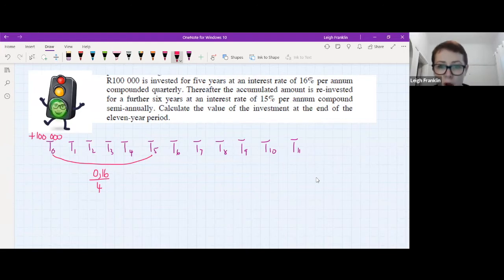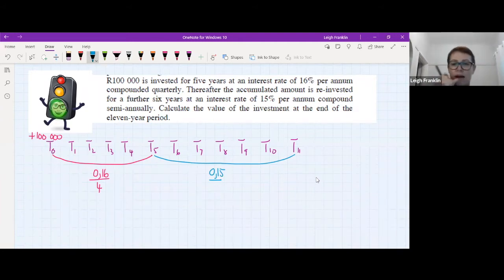Thereafter, the accumulated amount is reinvested for a further 6 years, 1, 2, 3, 4, 5, 6, at an interest rate of 15% per annum. So 0,15, and now it's being compounded semi-annually.